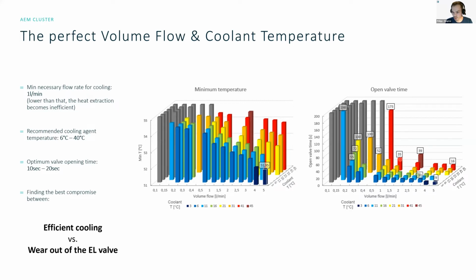And here again, we are in a perfect range in the middle. For example, in the red bar, which has the 35 seconds opening valve time, we can see about 41 degrees Celsius of the cooling agent temperature.